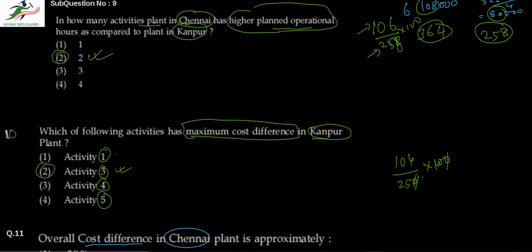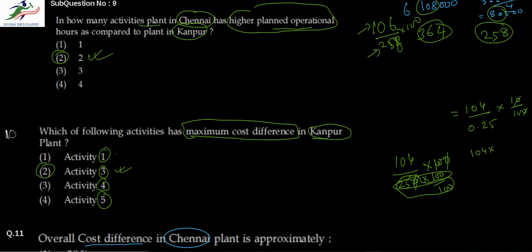25 I can write as into 100 divided by 100. And why I'm doing this is again to ease the calculation. So 25 into 100, I'm sorry, 25 divided by 100 is 0.25. So I can write this as 104 by 0.25, and into 10 by 100, or 1 by 10, and 1 by 0.25 is 4.